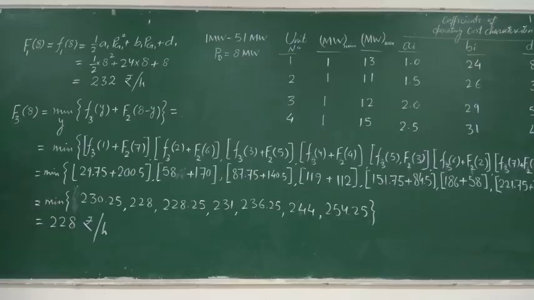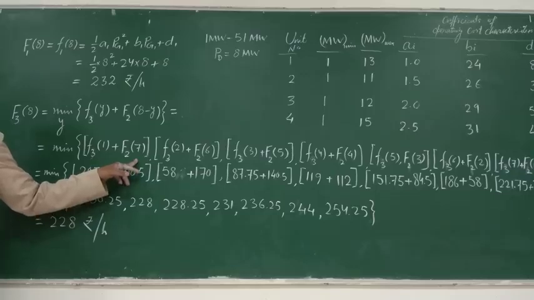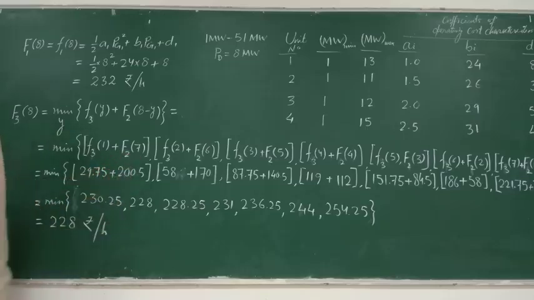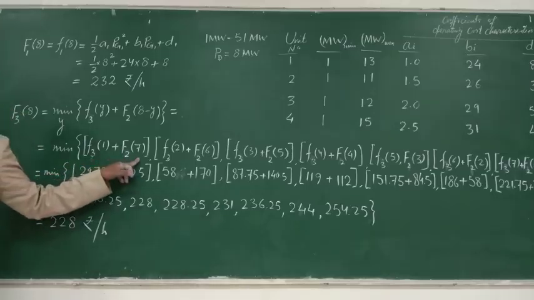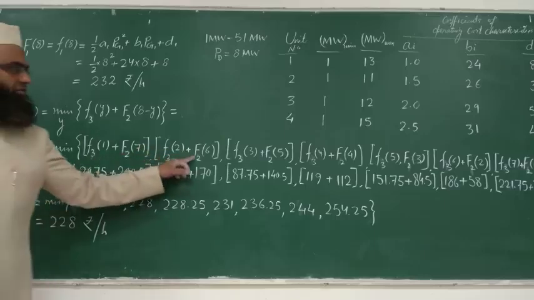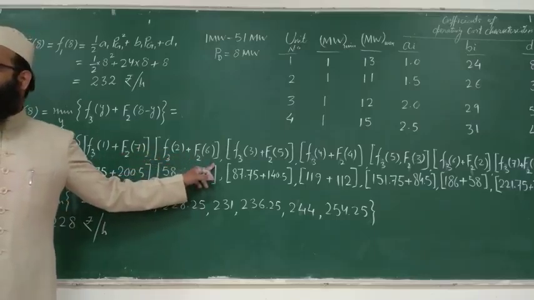So till now we have F2 8. We don't have F2 7. Using a similar procedure, we will evaluate F2 7. You know how to evaluate F2 8. You know, right? So using a similar procedure, we can evaluate F2 7. We can evaluate F2 6, and so on.